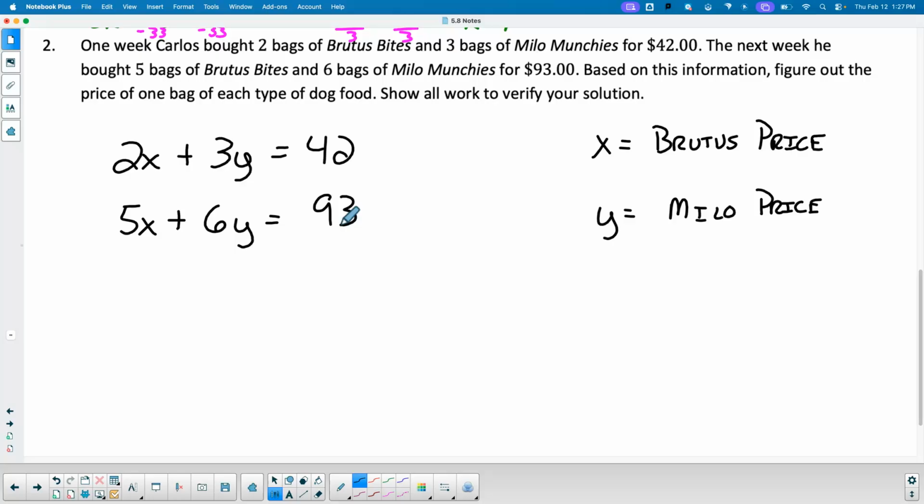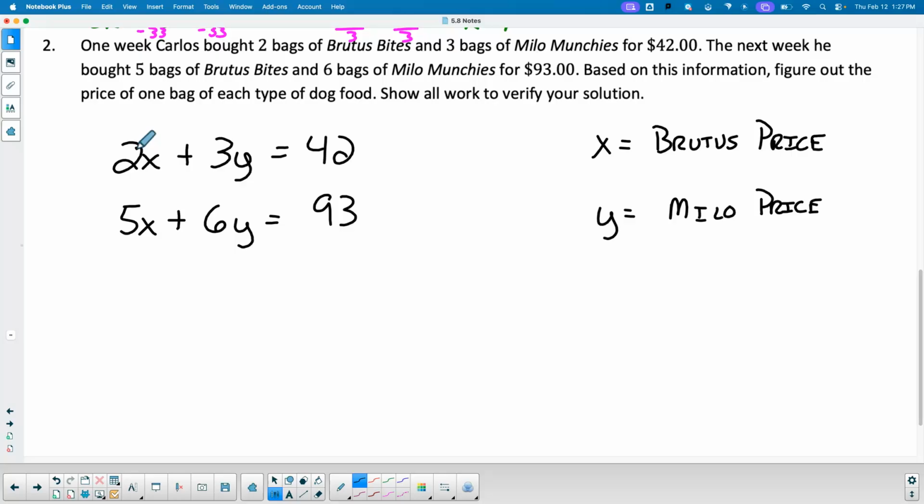So step number 1 in elimination was we got to get the same number on the same variable, only one positive, one negative. Okay? My choices are unlimited, but one choice could be I could multiply the top equation by 5 and the bottom equation by 2. And then I have the same number on x. Correct? Other one, I could multiply the top equation by 2, and then I have the same as y.